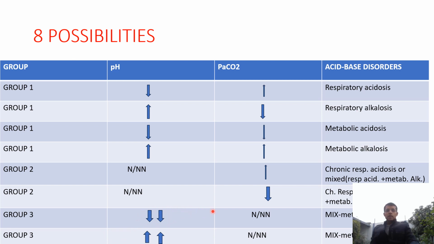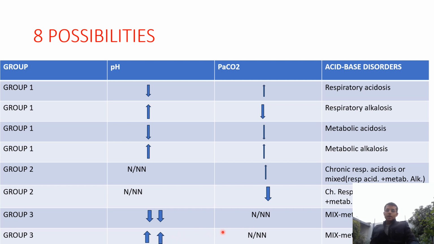Now group 3, these are patients where pH gets disturbed. pH goes down and PCO2 is normal. If pH has gone down, bicarb goes down. So PCO2 should have gone down, but this is retention. So it is respiratory acidosis plus metabolic acidosis. Group 3, pH goes up and PCO2 is again normal. So pH has gone up, bicarbonate has gone up.